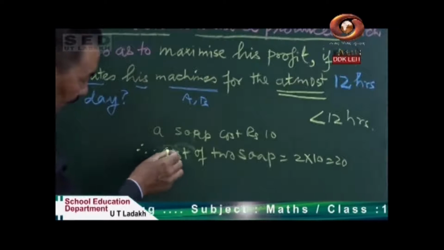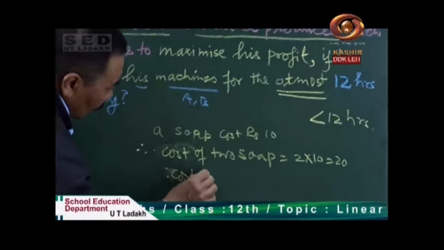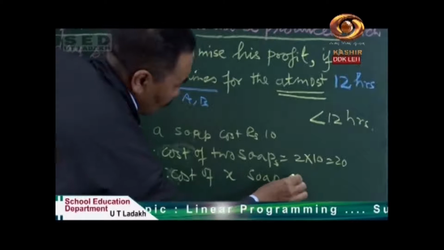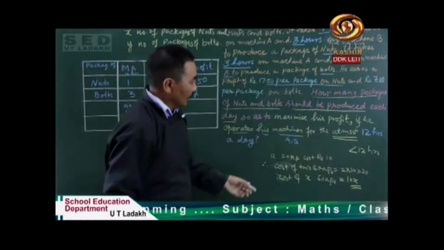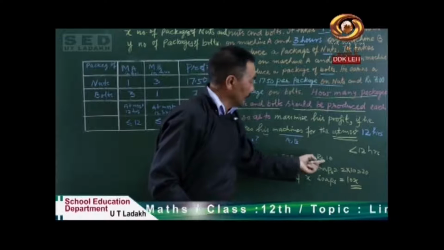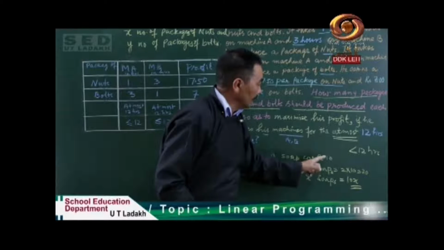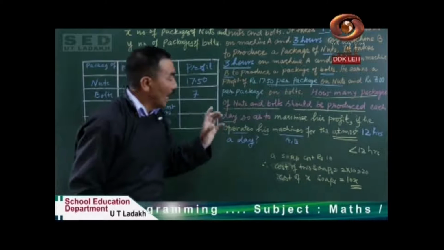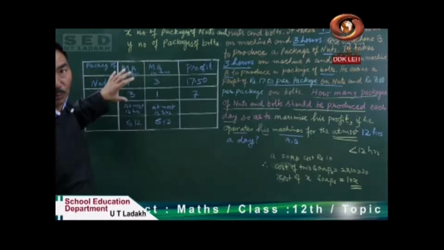If I purchase X soaps, then the cost will be 10 into X, because one soap costs rupees 10. Cost of X soaps will be X into 10. That will be our formulation. So I will use this approach to formulate all of these.